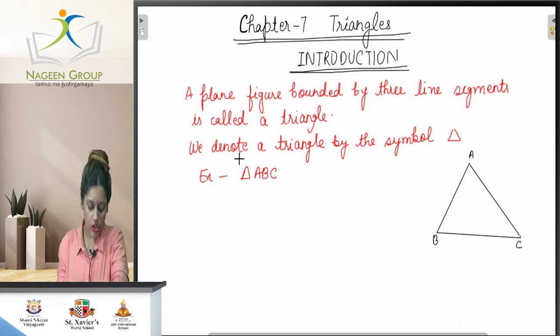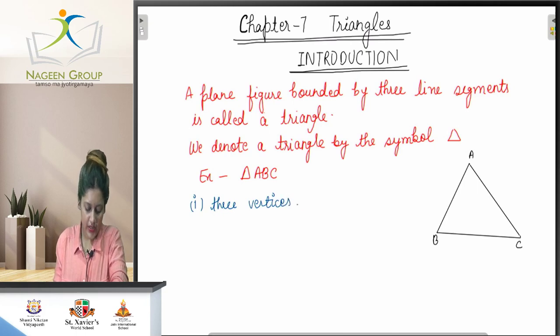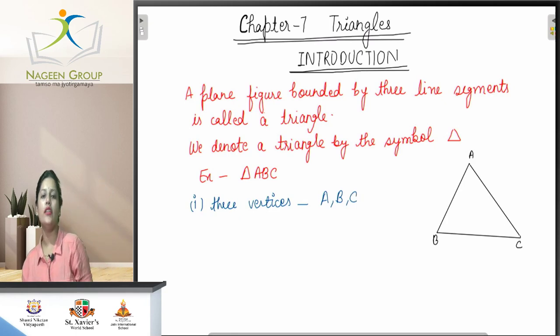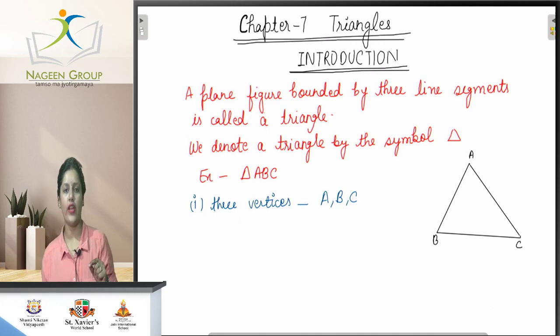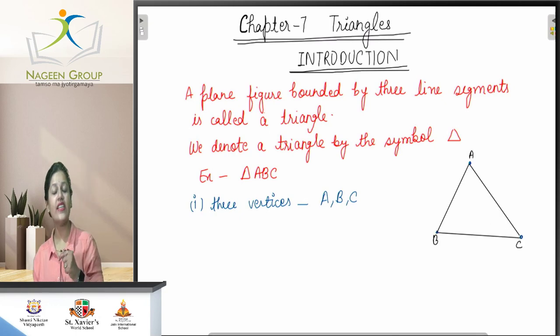By the diagram, we know that a triangle has three vertices, that are A, B, C. The vertices are the corner points, or the intersection of two line segments, like here A, B and C.